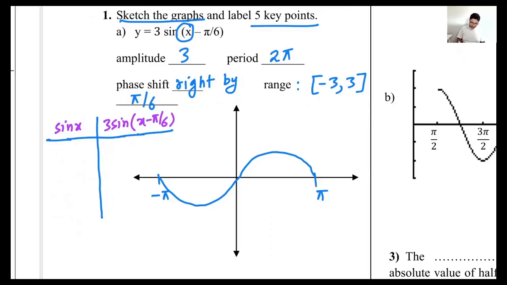Okay, and the low will come at minus pi over 2. The high will come at pi over 2, and the 3 points on the x-axis will be at minus pi, 0, and pi, right?